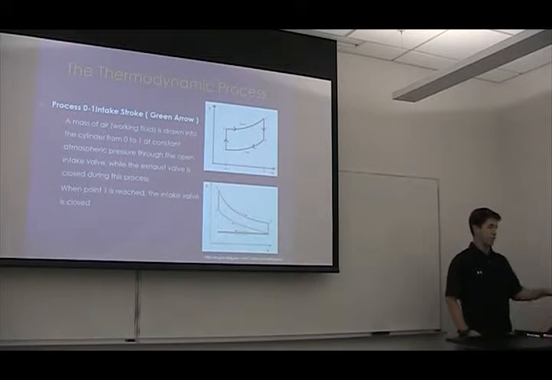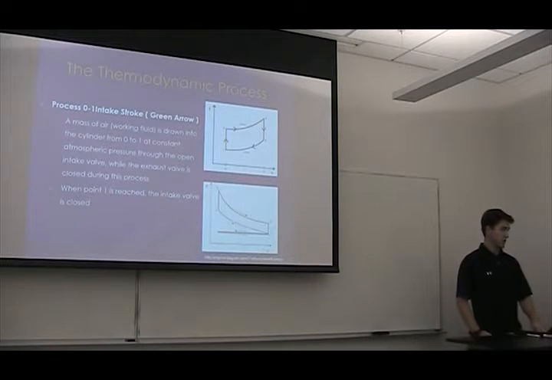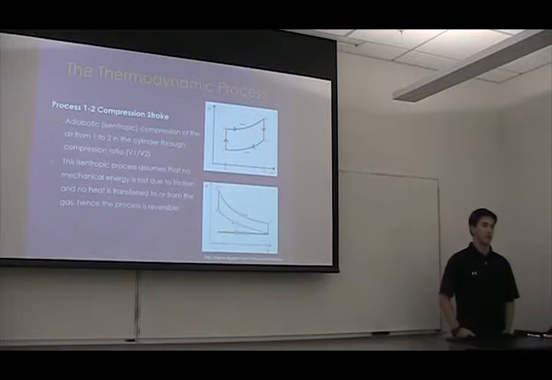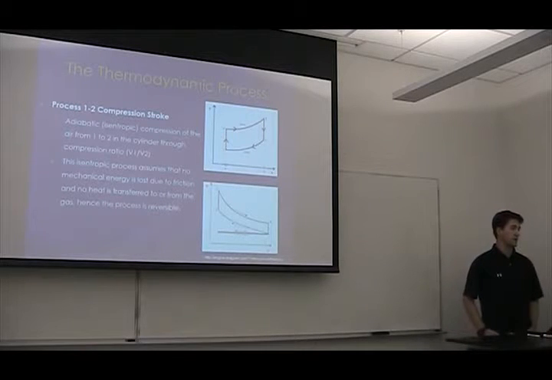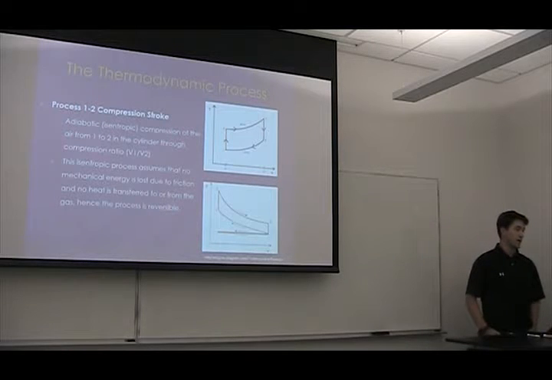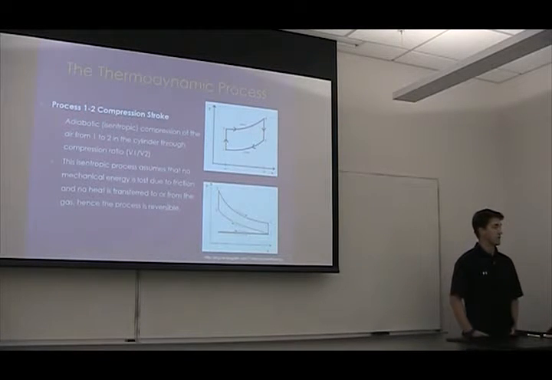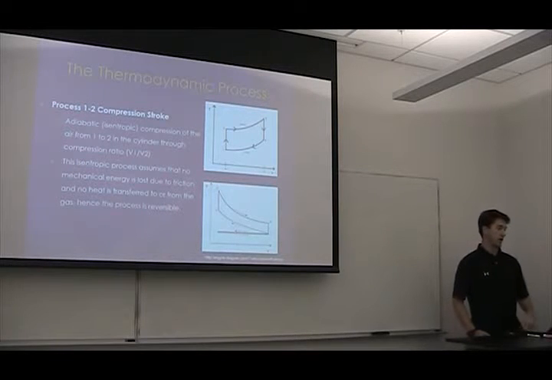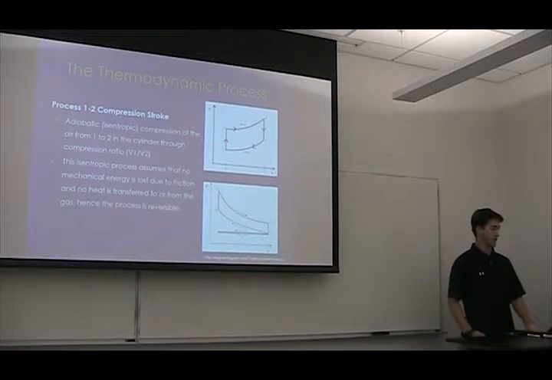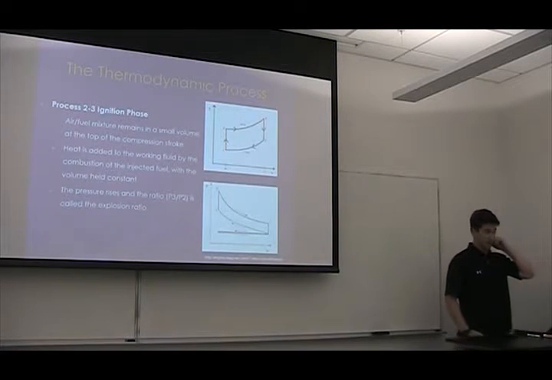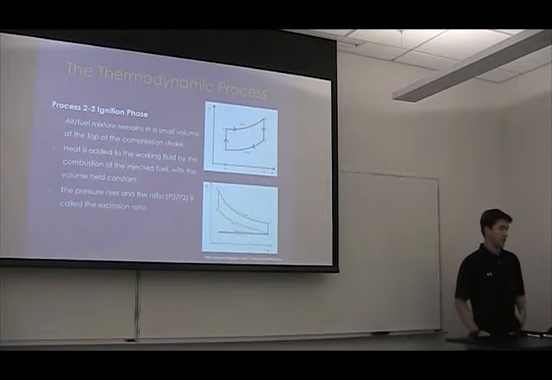And when it gets to point 1, the intake valve is closed, which is going to bring on the compression stroke. This is when the working fluid is compressed inside the cylinder. It assumes that no mechanical energy is lost and no heat is transferred to the gas, so the process is reversible. The next phase is the ignition phase from 2 to 3.